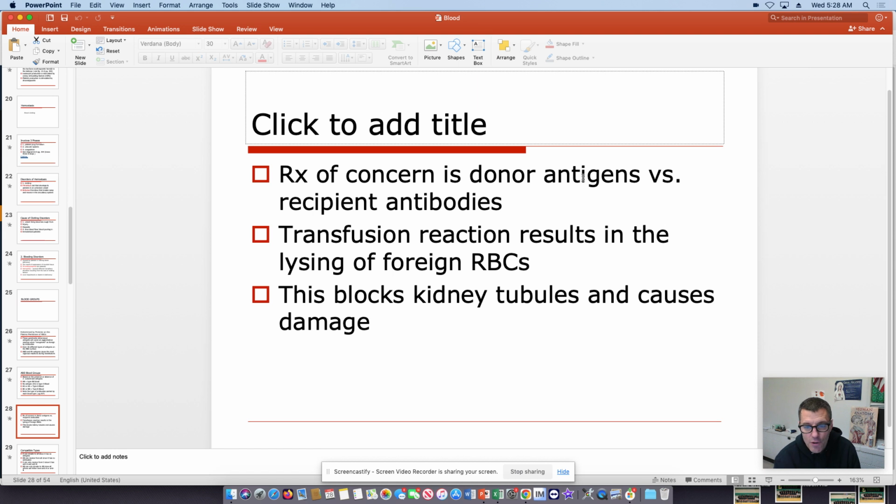A transfusion reaction results in the lysing, meaning the bursting, of foreign red blood cells. And then all of those particles of those red blood cells can cause kidney blockages as your kidneys try to filter your blood.